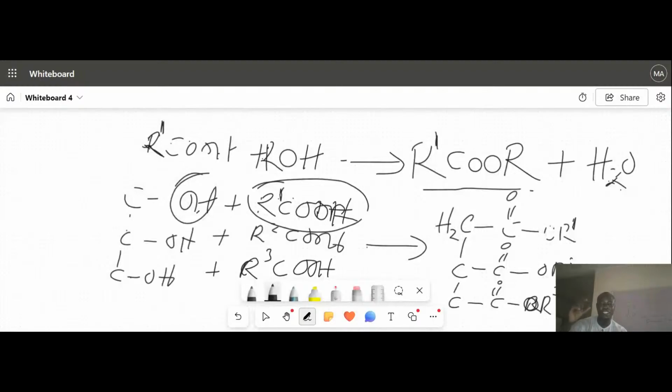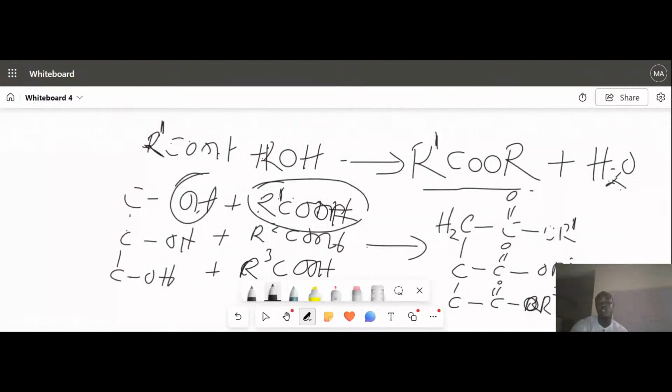So that one is described as diacylglycerol. But if there are three fatty acids that esterify, or that react with the three OH groups, then it is now called triacylglycerol. So that is what we mean by triacylglycerol.